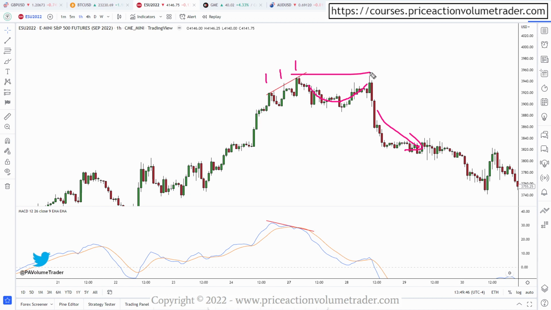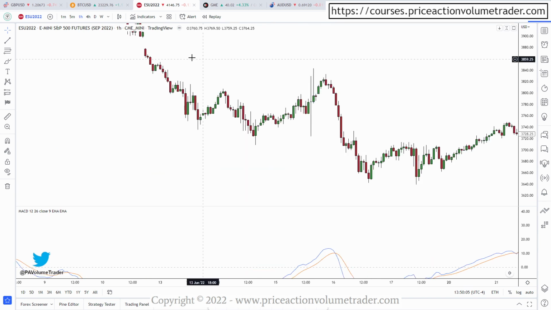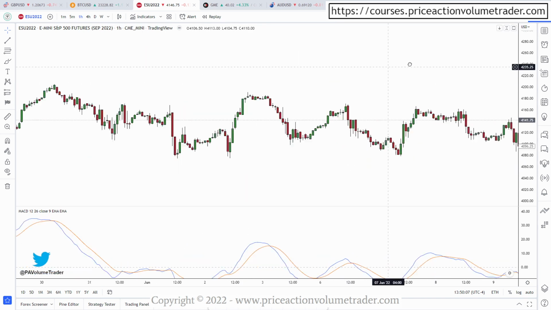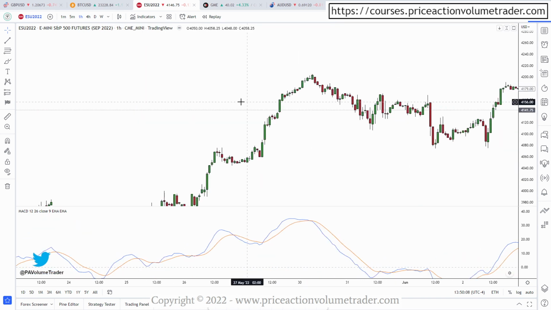So if you would have had your stop here, you would have still been safe. Here you can see right there, we broke this market structure to the downside. So that was another confirmation, and you could have had your volume profile, etc. Again, this is just a confluence to add into your arsenal. I think that's it for this.